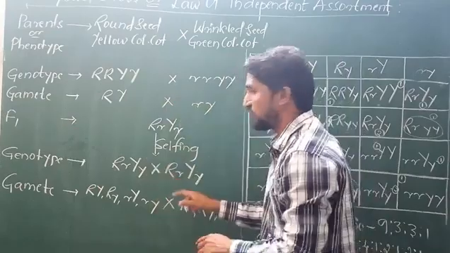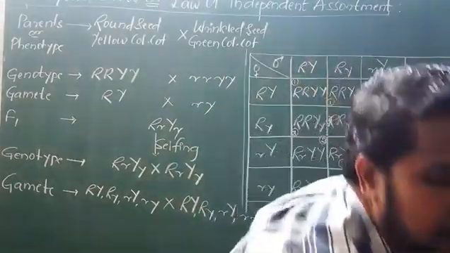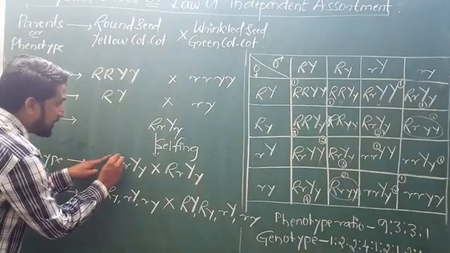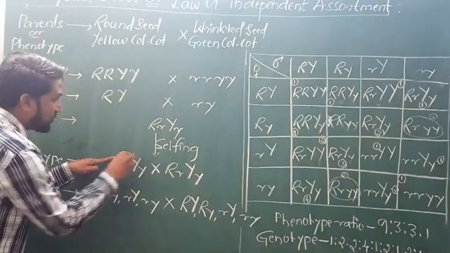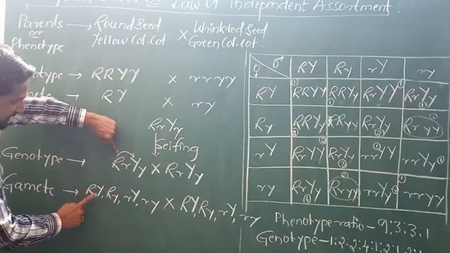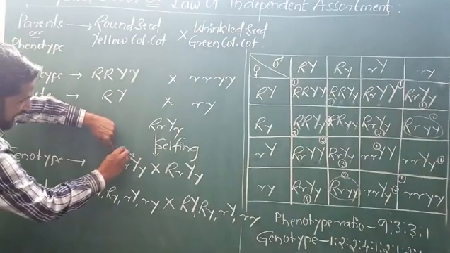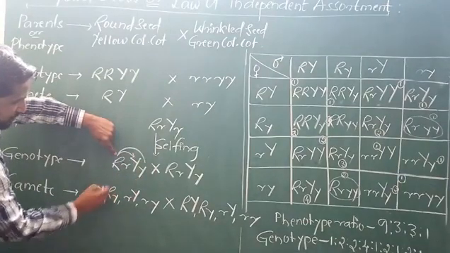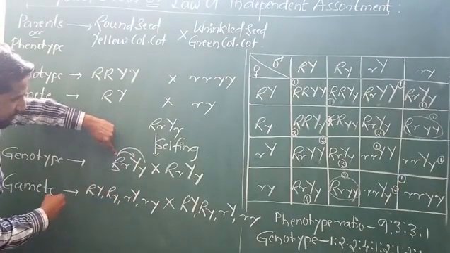And for their genotype, here many students become confused. So capital R is combined with capital Y, one gamete, capital R, capital Y. Then capital R is taken with small y. Now R is over.